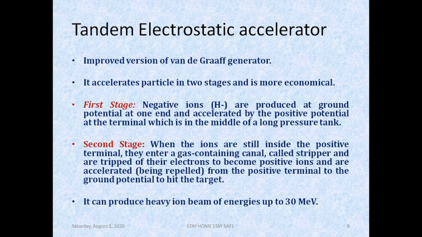Second stage: when the ions are still inside the positive terminal, they enter a gas-containing canal called a stripper and are stripped of their electrons to become positive ions and are accelerated, being repelled from the positive terminal to the ground potential to reach the target. So it can produce heavy ion beams of energy up to 30 MeV.